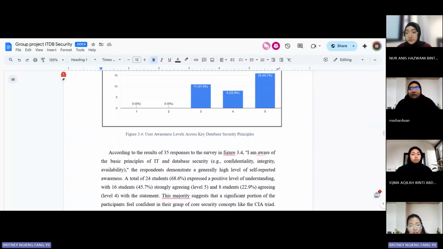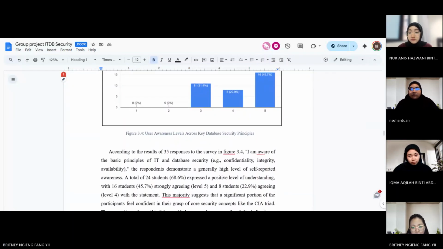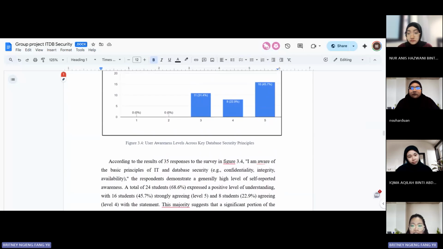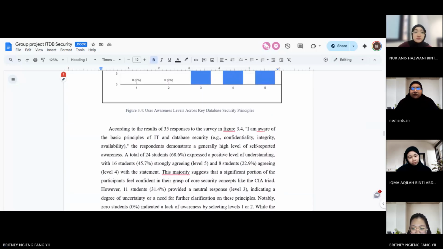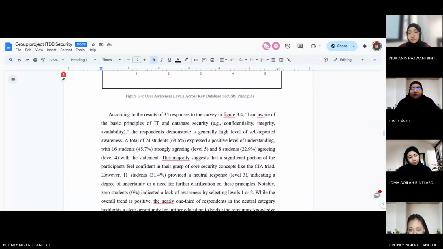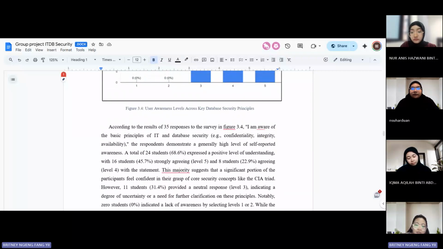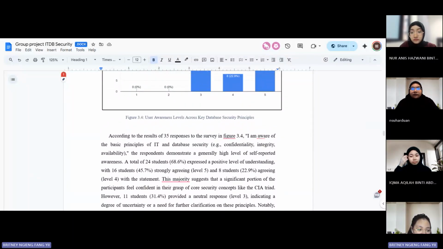A total of 24 students expressed a positive level of understanding, with 16 students strongly agreeing at level 5, and 22.9% agreeing at level 4. This majority suggests that a significant portion of participants feel confident in their grasp.